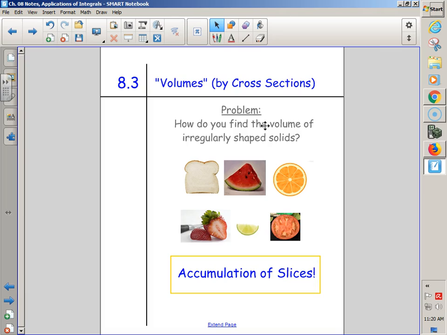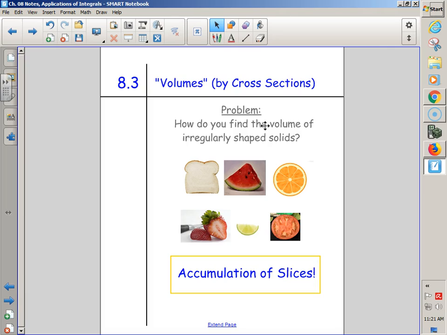What's the idea? The accumulation is done by the integral, but we still have to, kind of like Justin was asking yesterday, define the parameter of each of the slices. And we can't individually define each individual slice because there are infinitely many. So let's not do that. Instead, let's put into an integral, which can accumulate for us, some sort of mathematical expression that based on a value of x would solve for the area of said cross-section.